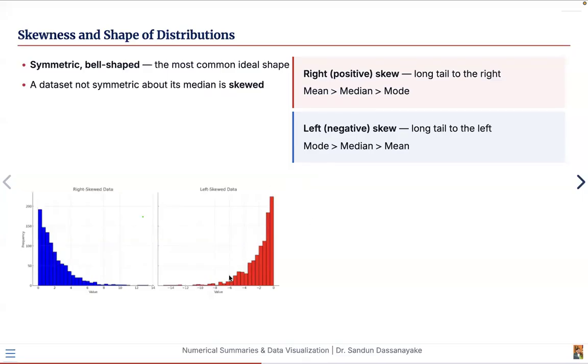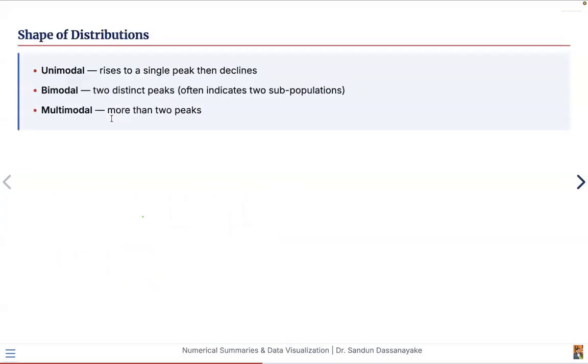If you want to remember it, the tail is on the right hand side in right skewed data, and on the left hand side in left skewed data. Okay, let's go forward.